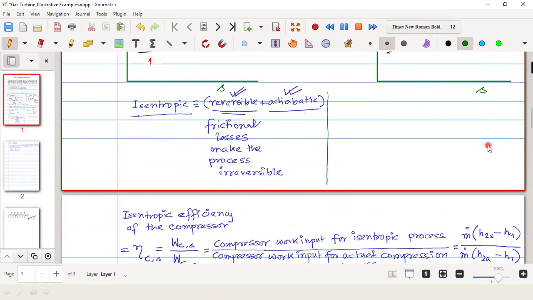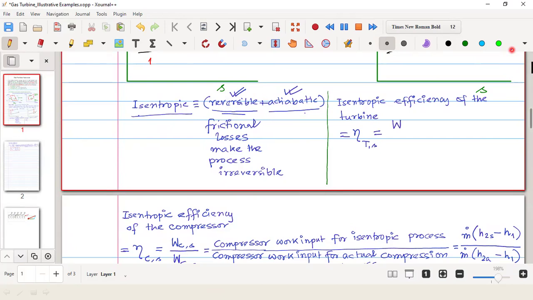So the isentropic efficiency of the turbine is equal to, as similar to the compressor, follow the notation.